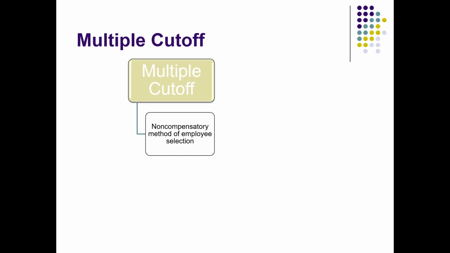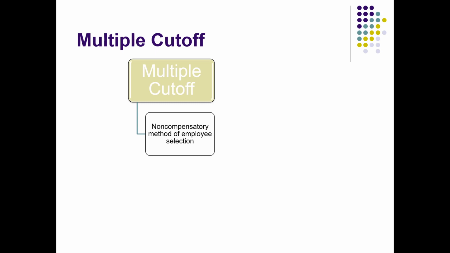It is what we call a non-compensatory method of employee selection. So what that means is that if you have an employee who does really well, far exceeds the cutoff for one category, and then is below the cutoff for another category, you can't say, well, those two average out, so they basically pass. If you don't pass one of the cutoffs, you are not eligible for employment.